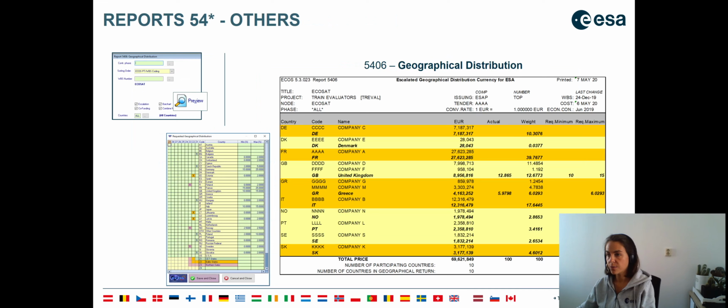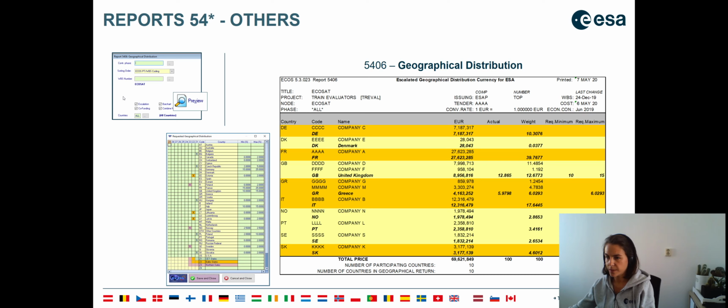And finally, the reports 54, which are mixed reports, I would say. But out of those, for me, the most important one is the one on the geographical distribution.